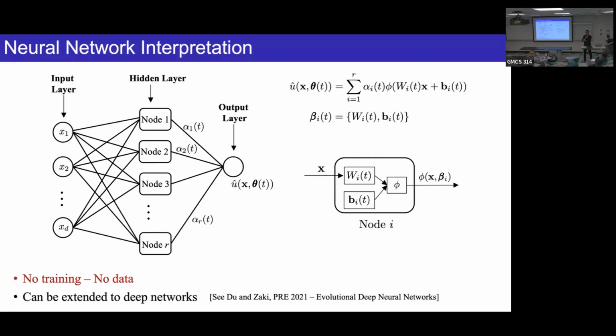Yes? I'm having a hard time conceptualizing how this is different from training. As I will explain, there is no training needed in this. I can write down explicitly what the differential equations are that these parameters need to satisfy. I don't need any input data in the traditional sense of training, input data and output data.